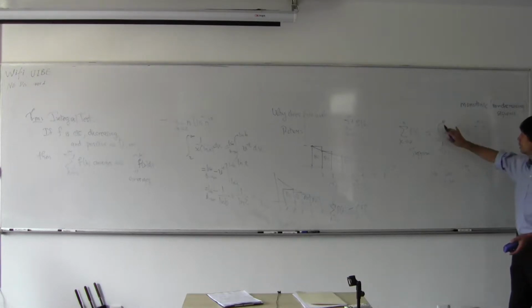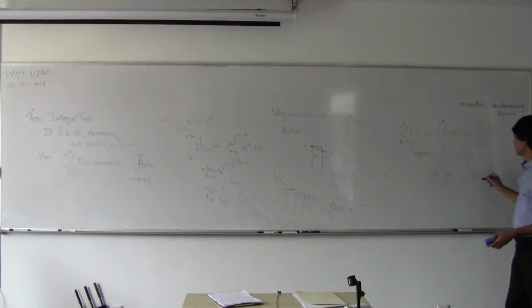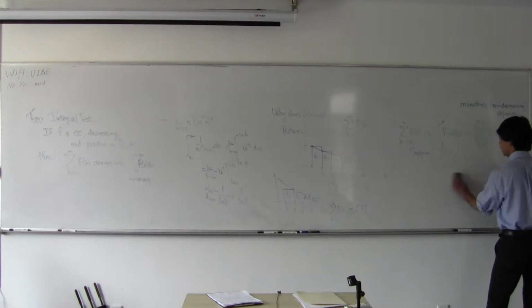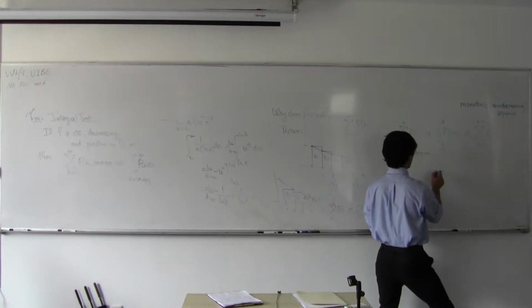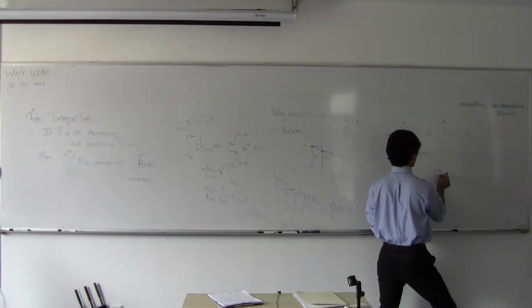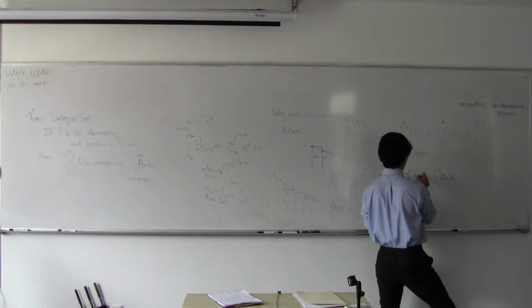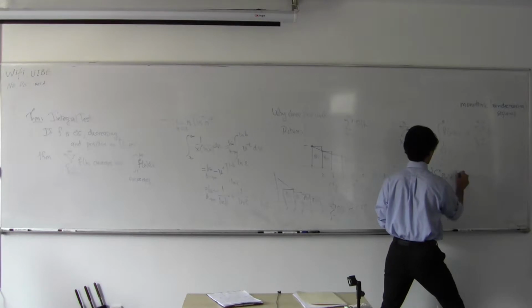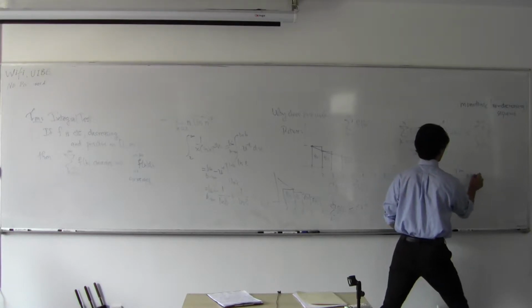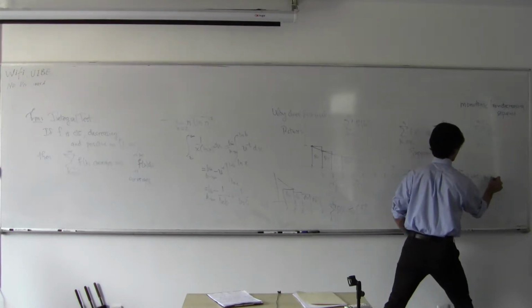Here, in a monotonic sequence, if the right hand reaches a limit L, what we see is that this sequence is bounded, so converges.